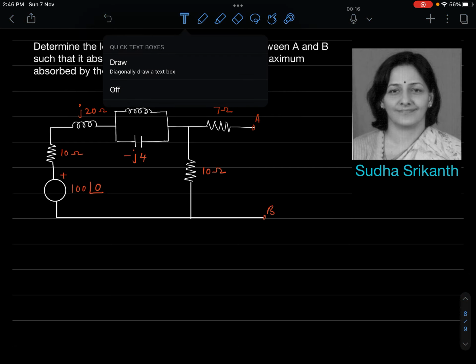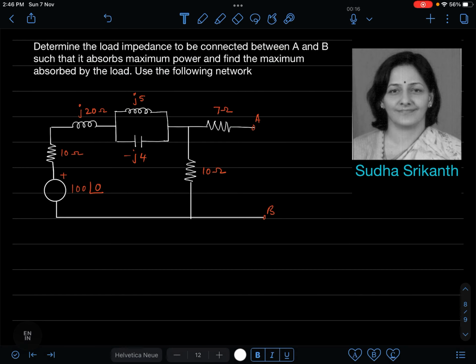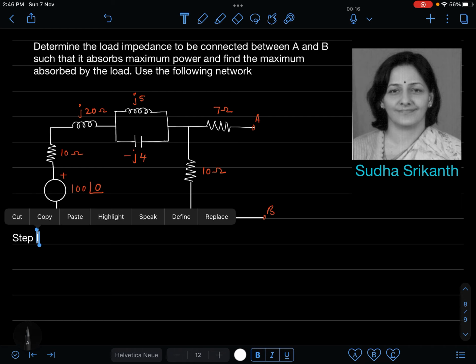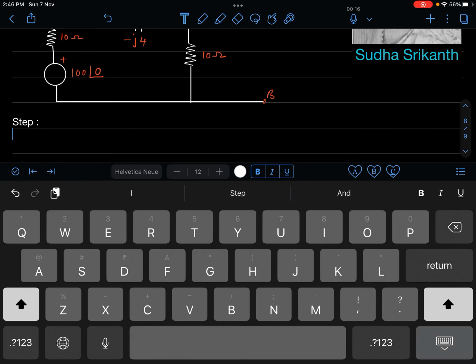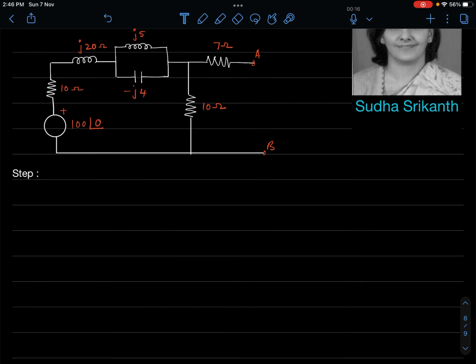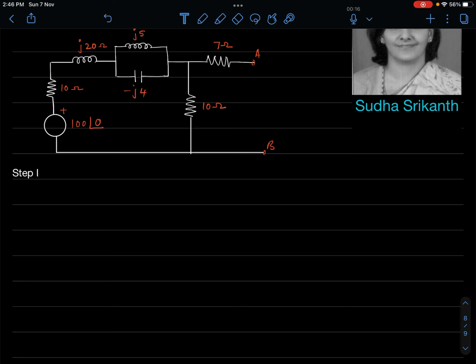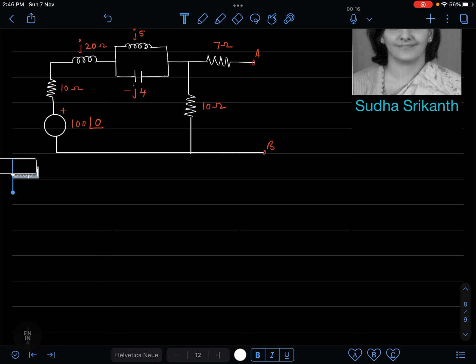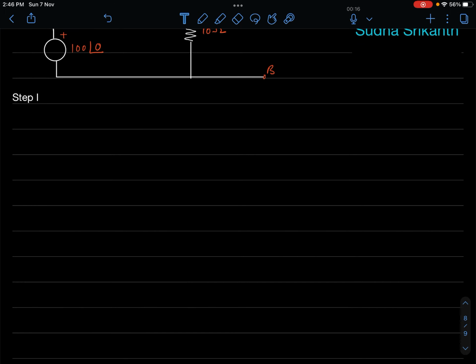So our first step would be, I'll see if it is possible to scribble here. Step 1. Okay, that one is gone. What's wrong?